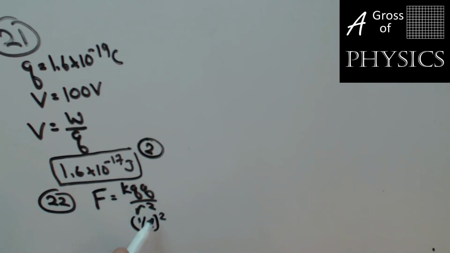But if I square that half, I get 1/4, and since it's on the bottom, it's 4 times bigger. So I started with 2 times 10 to the negative 5 newtons. What I need to do is multiply that by 4. 4 times 2 is 8. So it's 8 times 10 to the negative 5, which is choice 3.